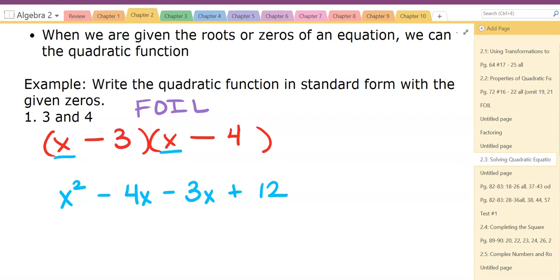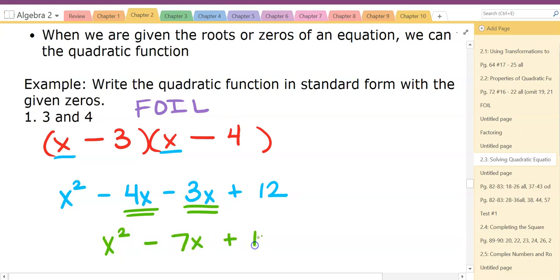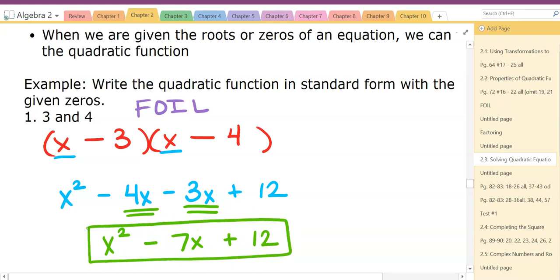Last thing you can do is combine the middle terms. You've got negative 4x and negative 3x. What's negative 4 minus 3? Good, so we have x squared minus 7x plus 12. That's all there is to it.